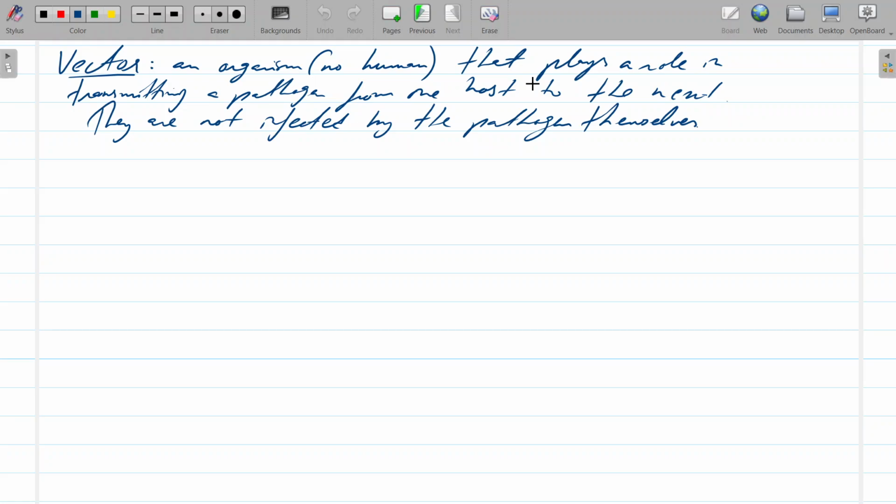That's how the natural system is set up. So do you understand the difference between vector and carrier? Yeah, a little bit. Okay, what else?